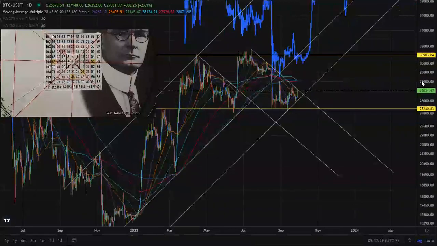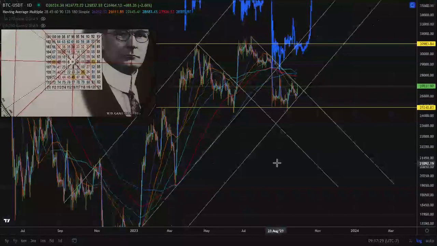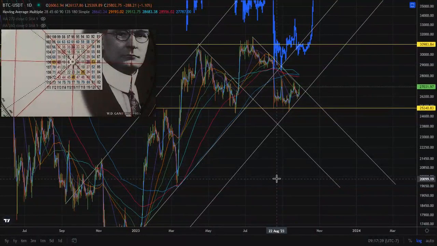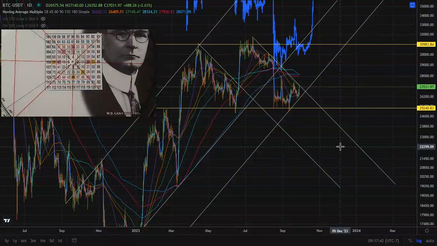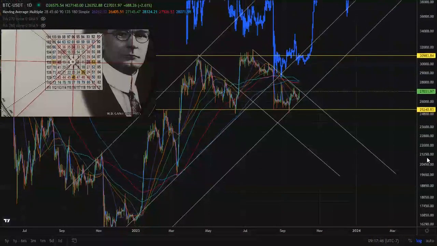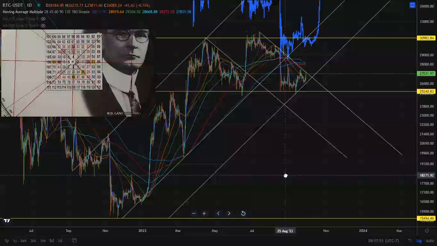So is that going to be the case this time? Well, not necessarily, but we watch all these things. And as you know, I don't leave any stone unturned. So let's just go down here. Let's talk about this really quickly, because this is important. If you're a trader, you need to be aware of what's going on.